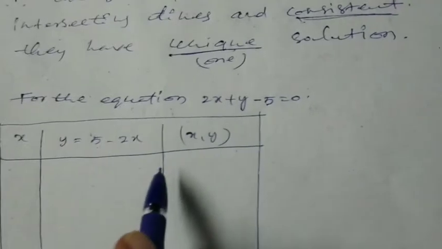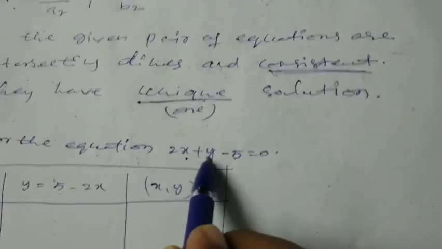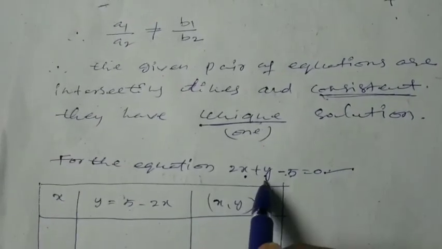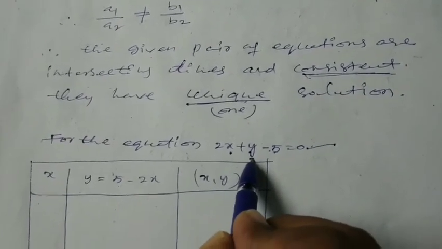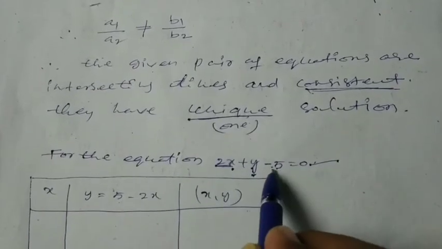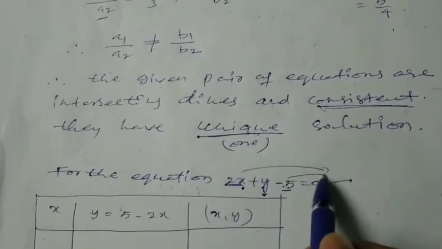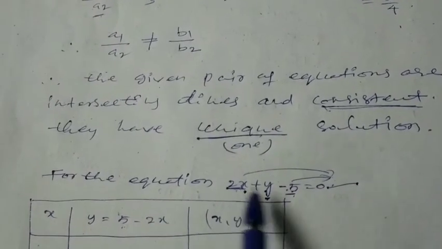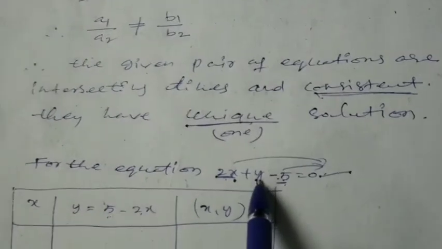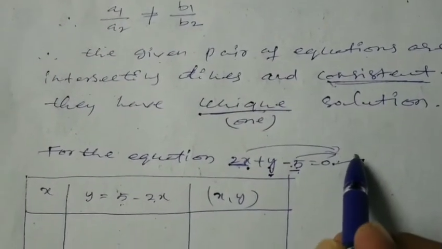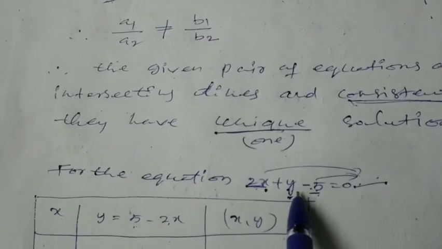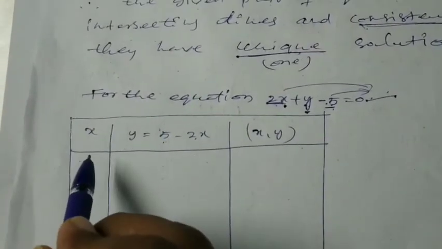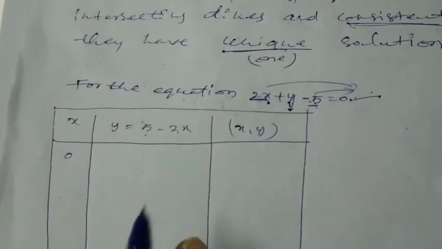How do we see this? From 2x plus y minus 5 equals 0, we write y as the subject. 2x and minus 5 transfer to the other side. Minus 5 changes to plus 5, and plus 2x changes to minus 2x. That's why y equals 5 minus 2x. Now we can take any values of x.